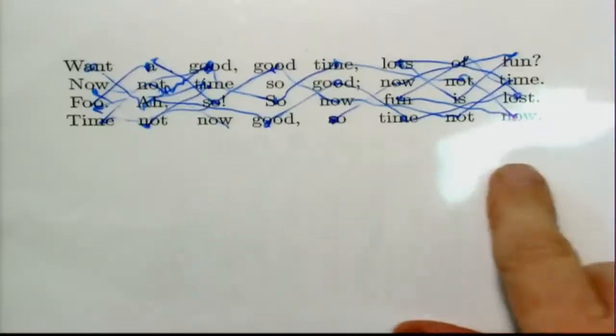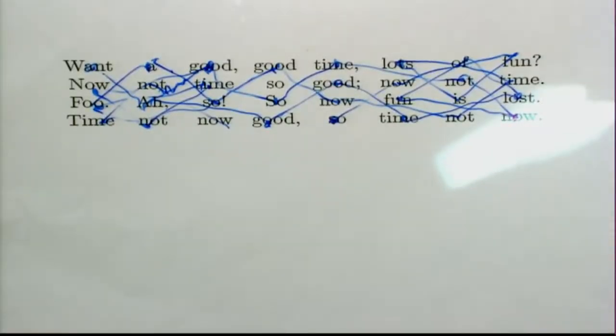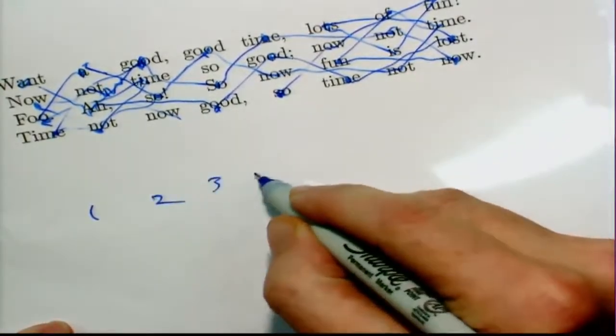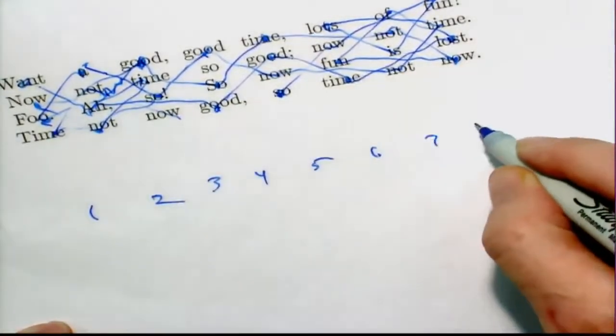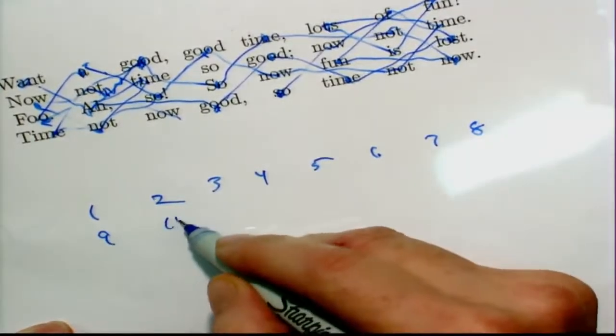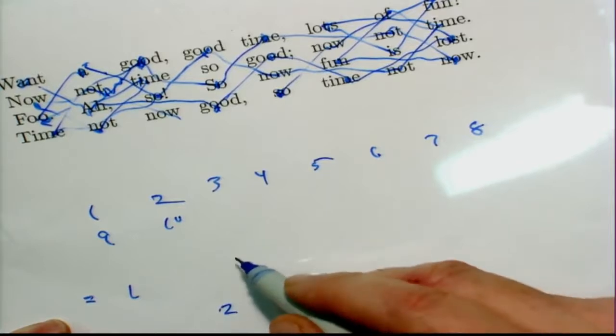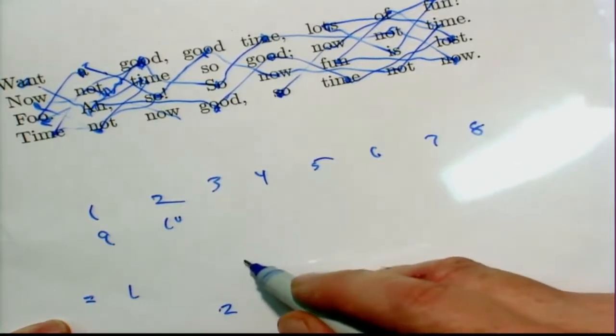That's the idea. So I had to have a poem where there are 12 different words here, and I had to have a poem so that 1, 2, 3, 4, 5, 6, 7, 8, 9, 10, and so on, is also equal to 1, 2, 3.